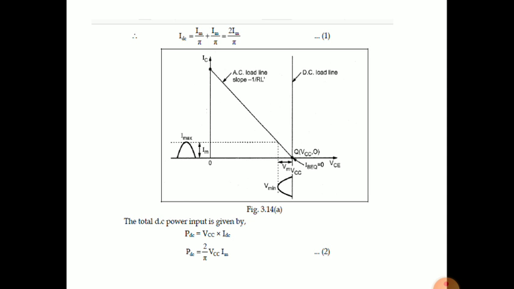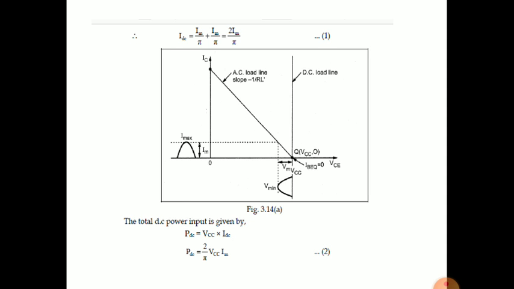We get the DC load line as vertical because we use the transformer load, obviously, right? And the AC load line with the slope minus 1 by RL dash. The Q point here is VCC comma 0.